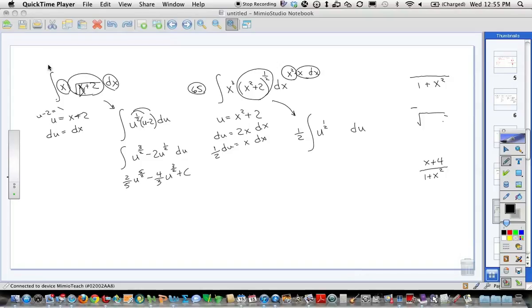Well, what's x squared? Right here, you can see that x squared is u minus 2. So in place of the x squared, I can now put u minus 2. And again, we see that same thing has happened. We went from a problem where we couldn't distribute to a problem where we can distribute. And so now we run that through.